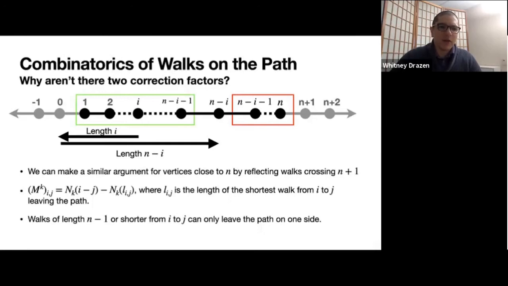But if our other vertex is greater than that, then we cannot leave the path from the left side, because the shortest walk leaving the path from the left side is of length greater than n.